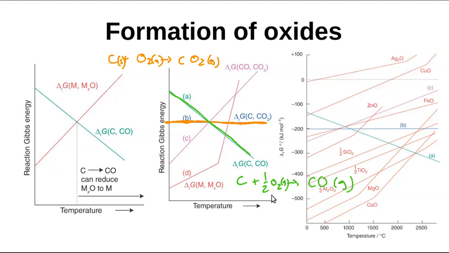That will be positive. And since delta G is delta H, which is clearly negative, minus T delta S, if this is positive, then we will have a negative slope. This is one of the few oxides that have more and more negative delta G of formation as temperature increases.